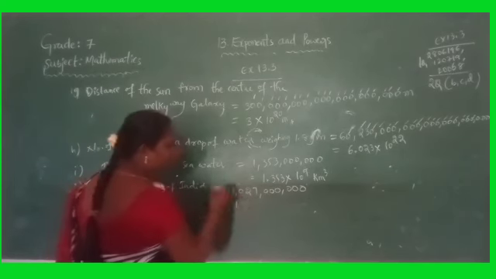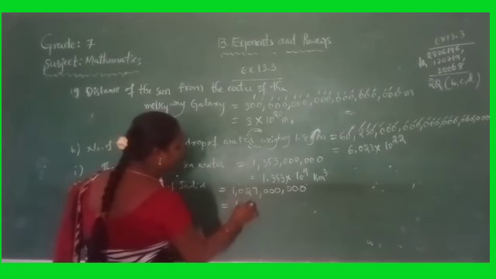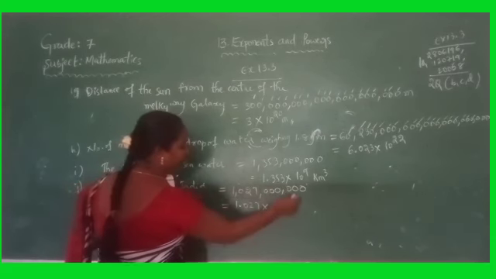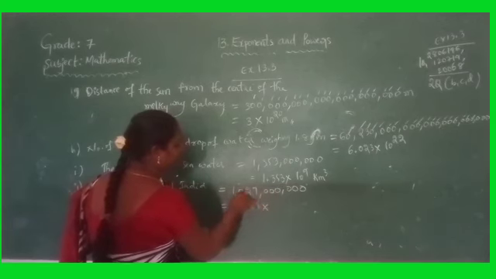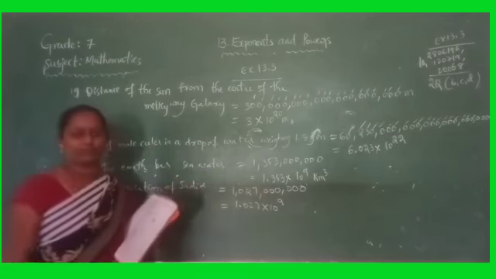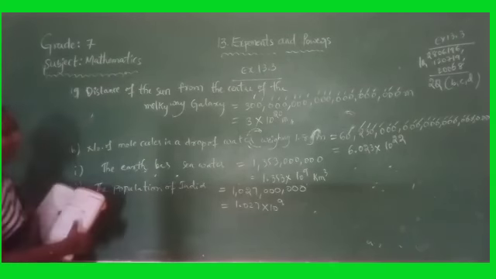Now we have to write this number in the standard form, 1.027 into 10 to the power of, how to write? 1, 2, 3, 4, 5, 6, 7, 8, 9. 10 to the power of 9 is the standard form of the population of India.